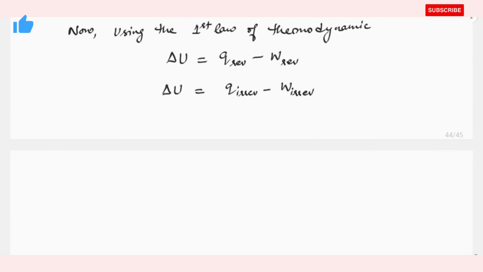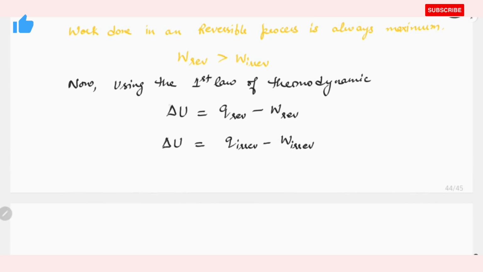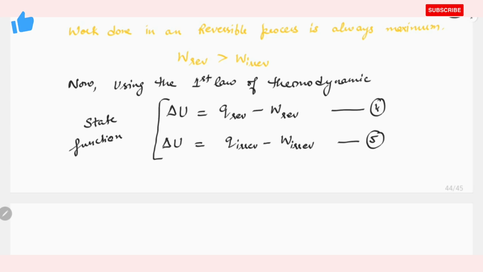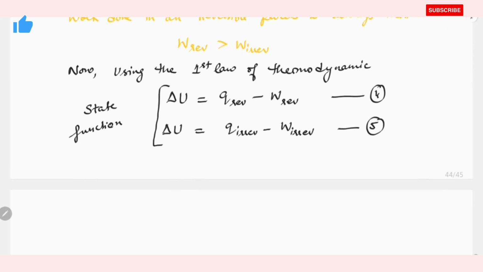Now, as we know that internal energy in both cases is a state function, its value will not change until or unless the state of the system changes.